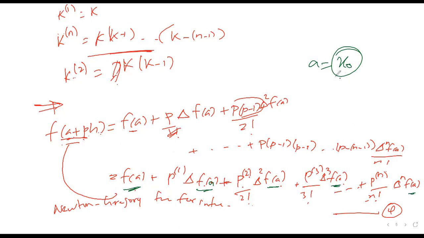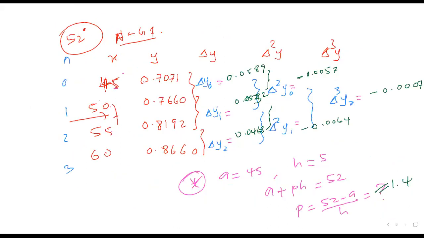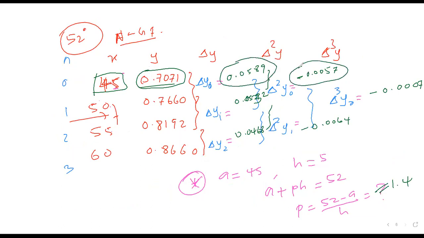Okay. So it means you have to take down this, I mean, regarding this value. So you can take like this. This one, this one, this one, this one. I mean, this one delta y naught, delta squared y naught, delta cube y naught. Everything are regarding this initial value.